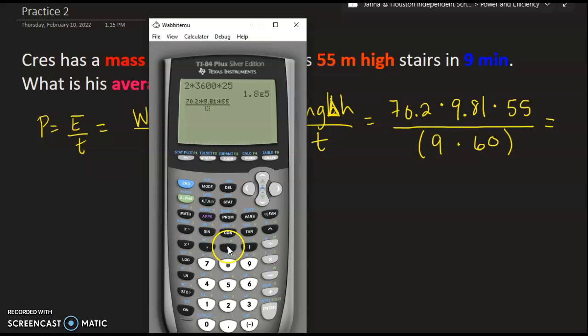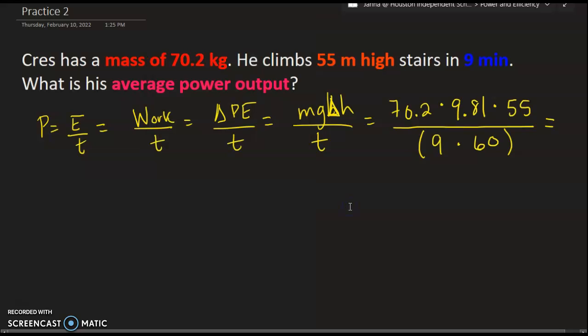And then 9 times 60. Remember, if you don't use the fraction, you have to put parentheses around the denominator. I'll go ahead and do that just as a reminder. And you get 70.14 or 7.0 E1 watts of power output.